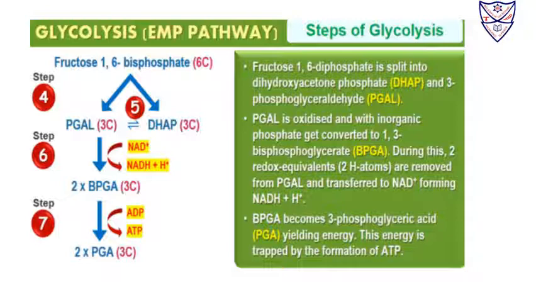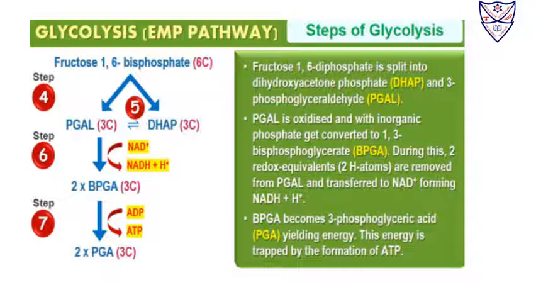The phosphoglyceraldehyde is oxidized with inorganic phosphate and it gets converted into bisphosphoglycerate, right? So during this, two redox equivalents are removed from phosphoglyceraldehyde and they are transferred to NAD plus, and we have NADH and H plus.